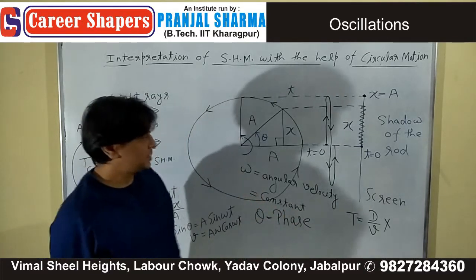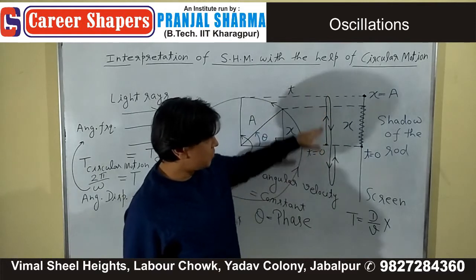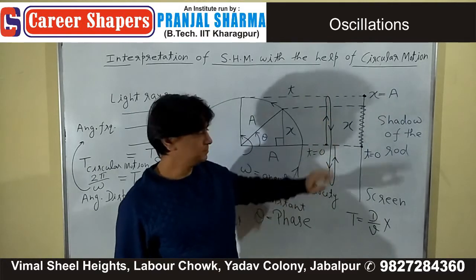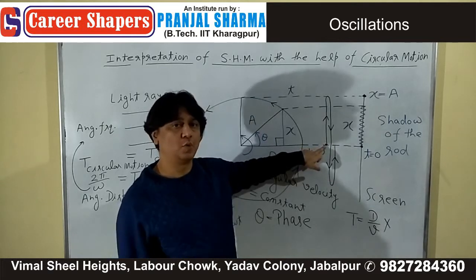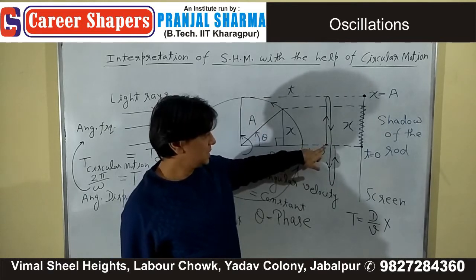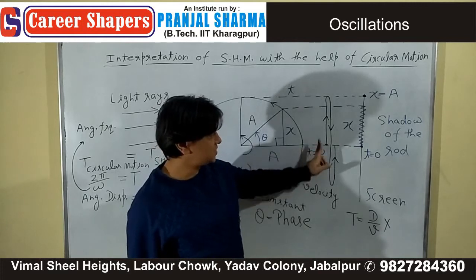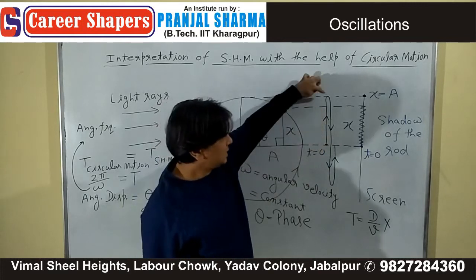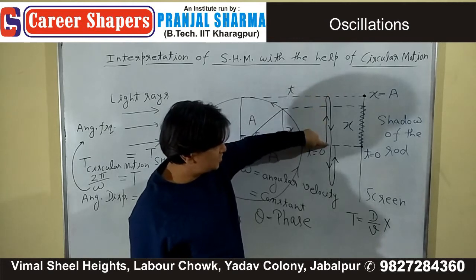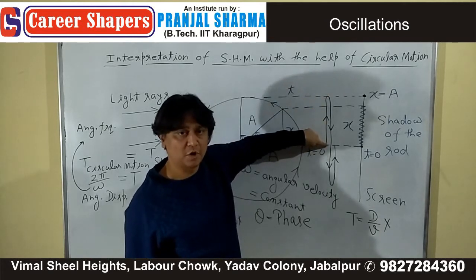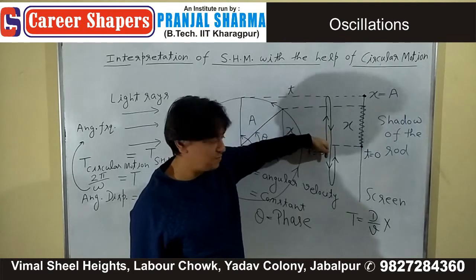Now, what is the advantage of introducing theta or phase? You know that when an object performs simple harmonic motion, when you are at this position, this is called what? Mean position. At this position, this object is going up. This is amplitude, positive amplitude. When you arrive at this point, this is again mean position, but the object is going for negative amplitude.